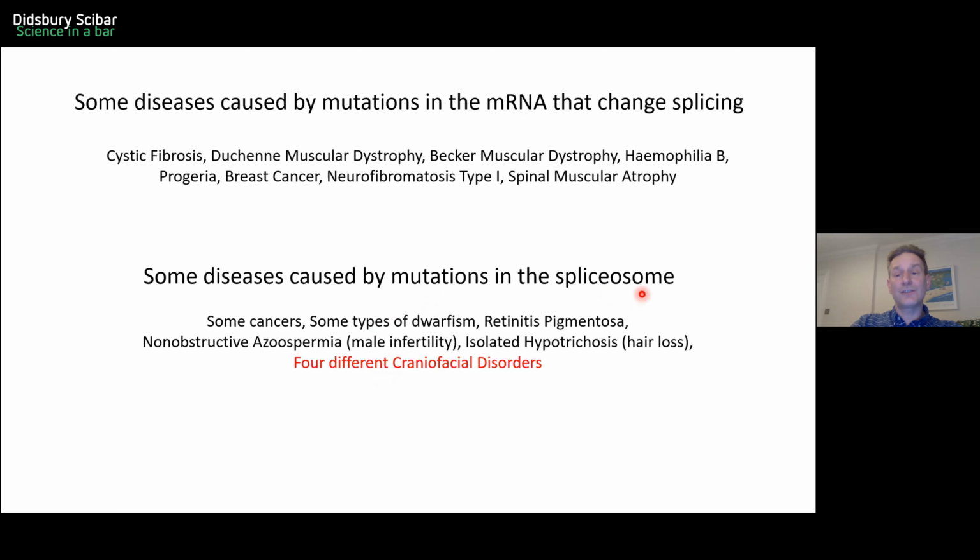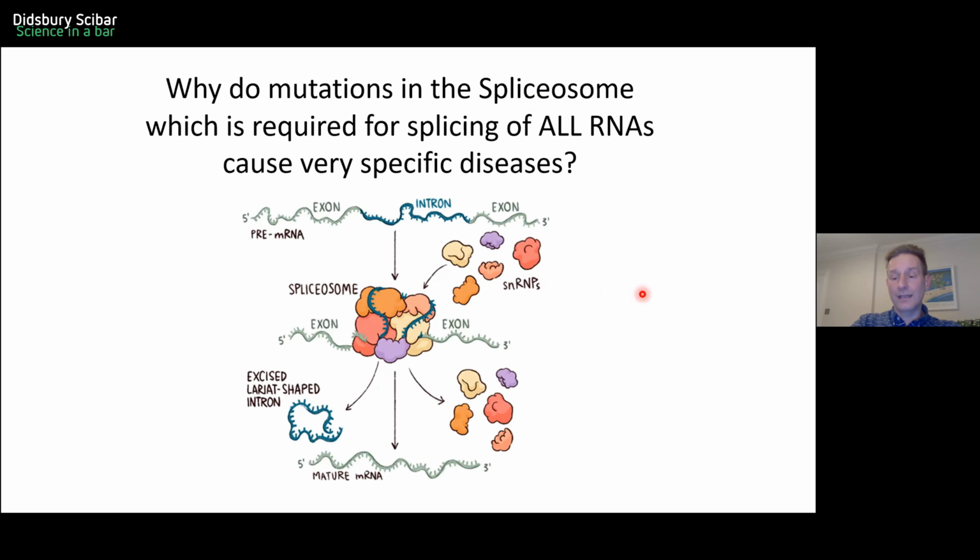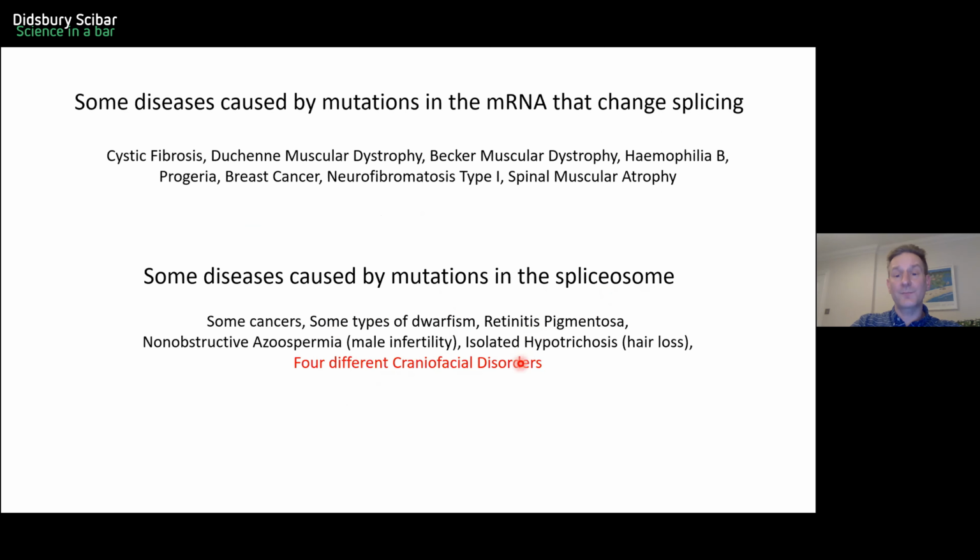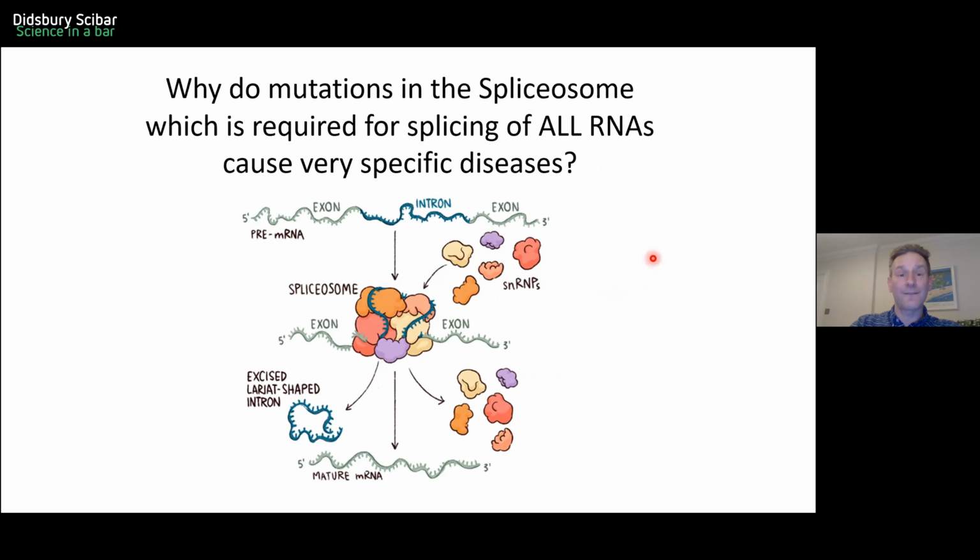They don't affect all the cells in the body, and the cells are still alive and people are still alive with these mutations. So a big question we've been trying to answer over the past few years is why do mutations in the spliceosome, which is required for splicing of all RNAs, cause very specific diseases? Why doesn't it affect everything?